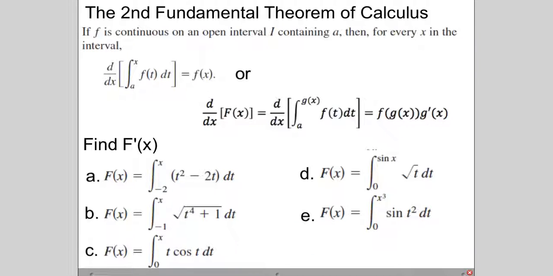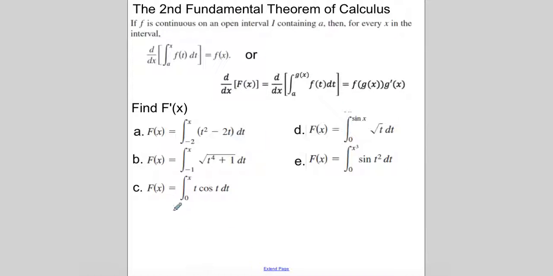So if we want to find F prime, well, because our lower limits here are all numerical values, I don't need to worry about the second piece. Remember, the integral from a to b of f of t dt will be F of b minus F of a.